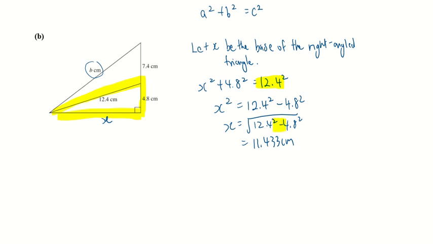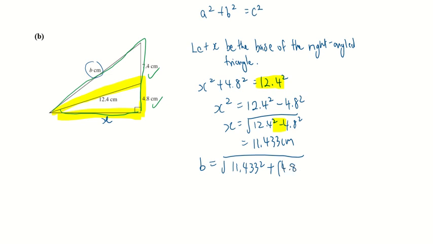Okay, so now we want to find the b. Focus on the larger right angle triangle over here. You can say my b is actually the square root of 11.433 squared plus these two sides here, 4.8 and 7.4.